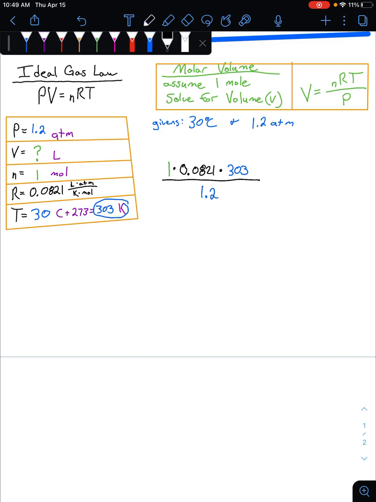There we go. Now quick math there. We have 0.0821 times 303 divided by 1.2. Making sure my calculator has the numbers I just read and wrote, and those look good.